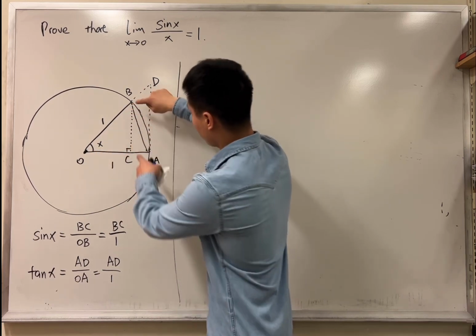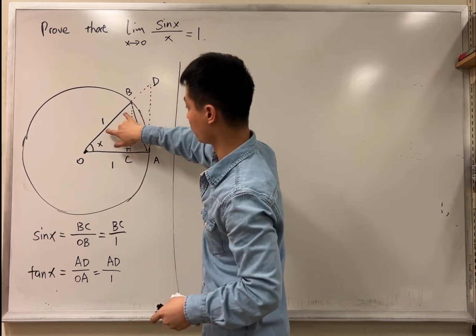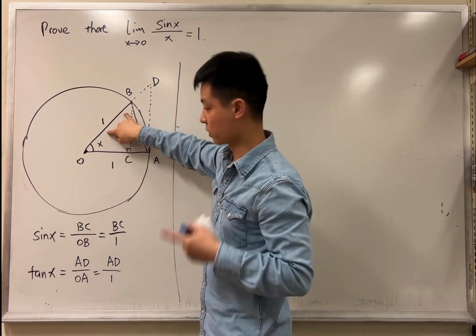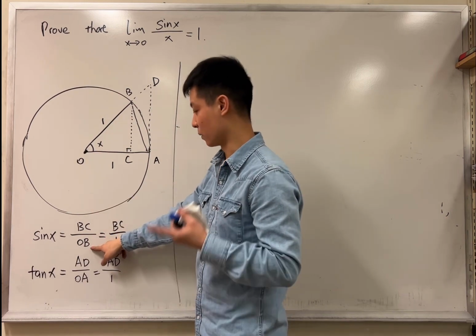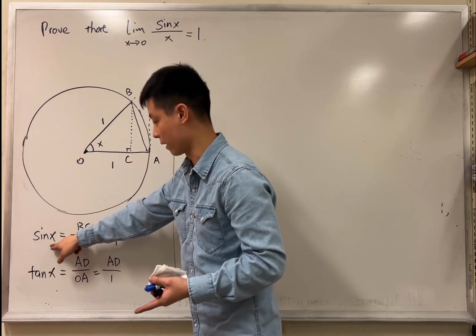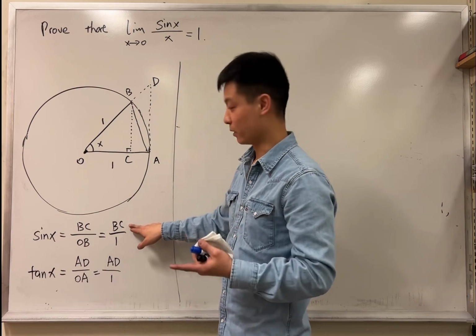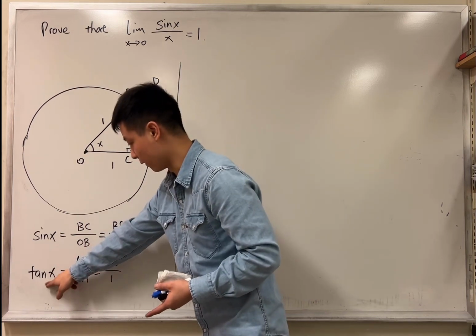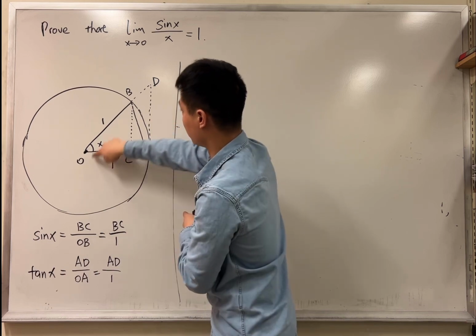That is going to be the opposite side BC over the hypotenuse OB. But because we know that OB is exactly the radius of the circle, which equals 1, we have sine of x equals exactly the length of BC. Similarly, we can take a look at tangent of x in this bigger triangle AOD.